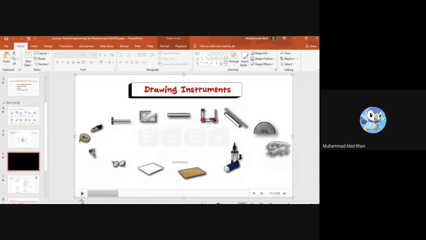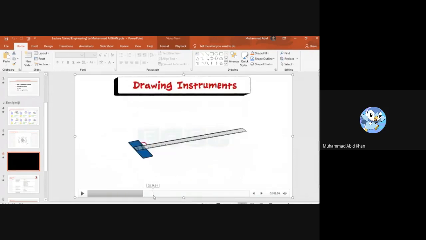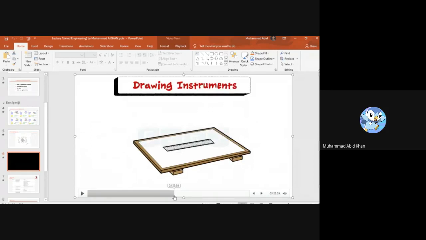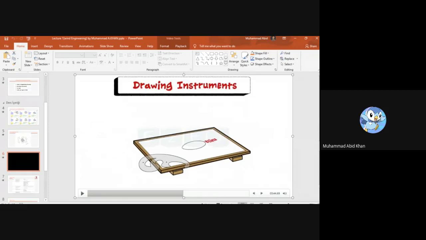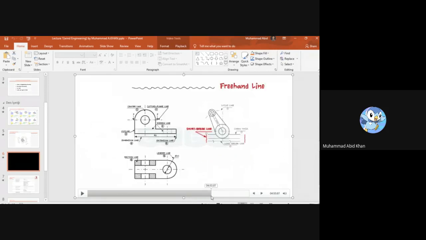So now what remains is the types of line, how to use these instruments. You know it. Okay, there are types of line, for example this one.